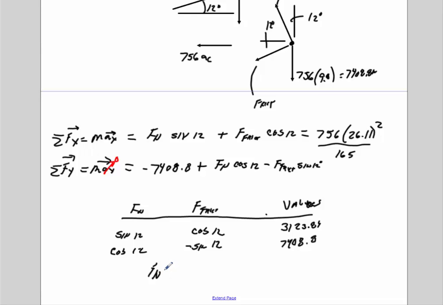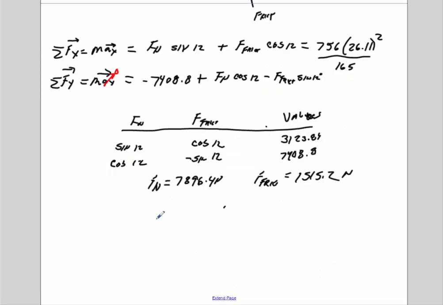What the road is pushing back on the car is going to equal 7,896.4 newtons. My friction is going to equal 1515.2 newtons. Now if you want to get the coefficient of friction, you know that mu s is going to equal... sorry, let me do that again. Let me rewrite that too. I'm going to solve for mu s, but let's say this.